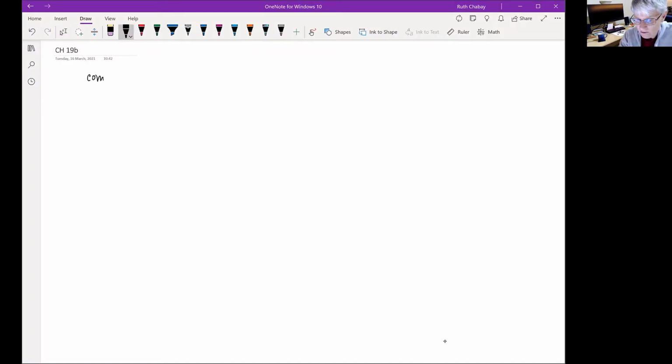So we ended up with conductivity, which is a property of the material. It had the symbol sigma, and it was the absolute value of the charge of a mobile charge times the mobile charge density times the mobility of the mobile charges.